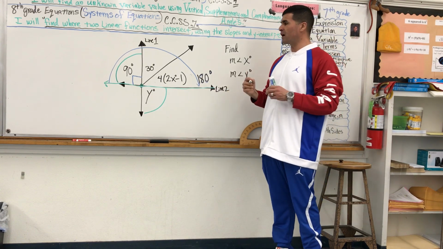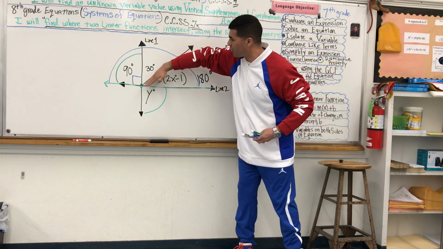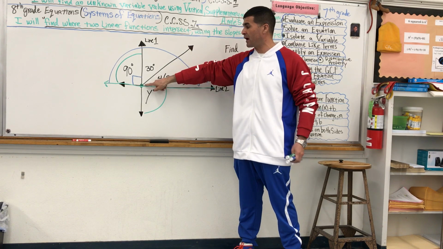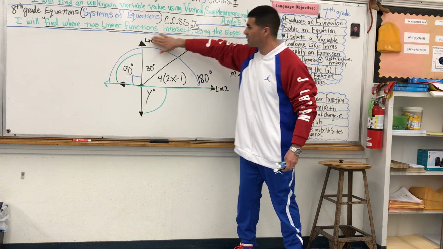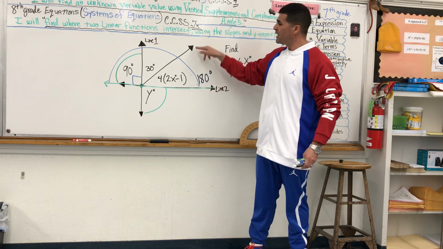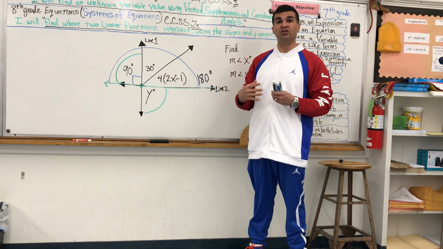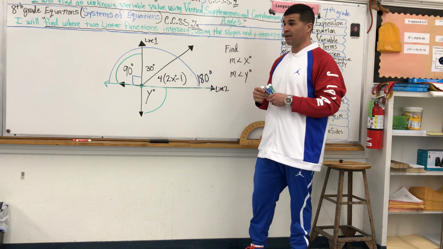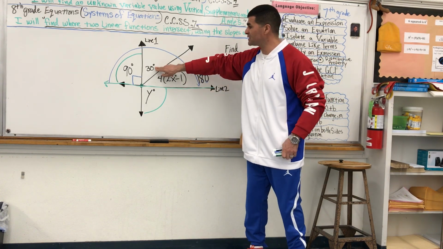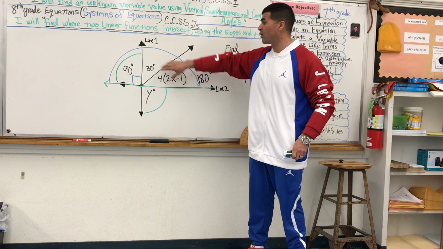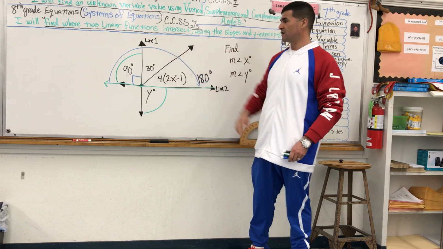Now, the other thing you know is that this is called the line segment because there's no arrow tip right here on this point where it intersects with line number 1 and number 2. This line segment creates two adjacent angles. Now, the word adjacent means next to. That means that this angle and this angle are next to each other.